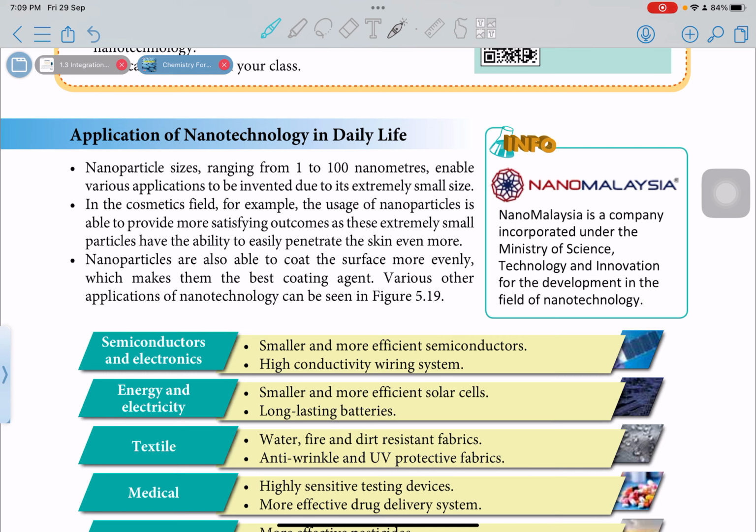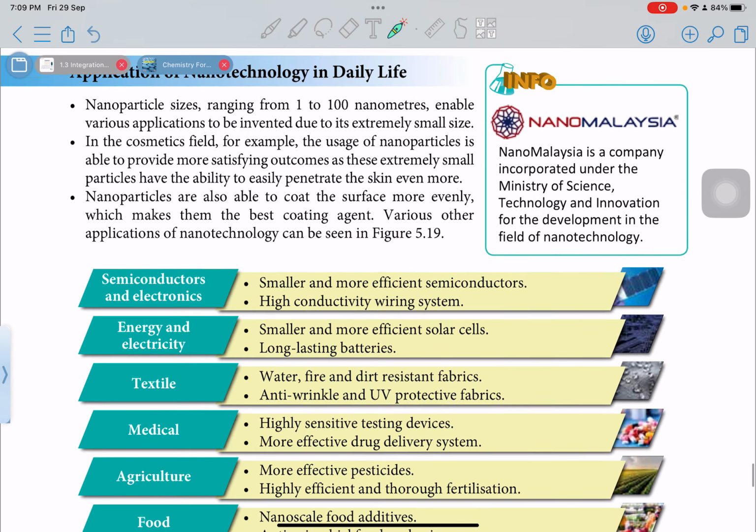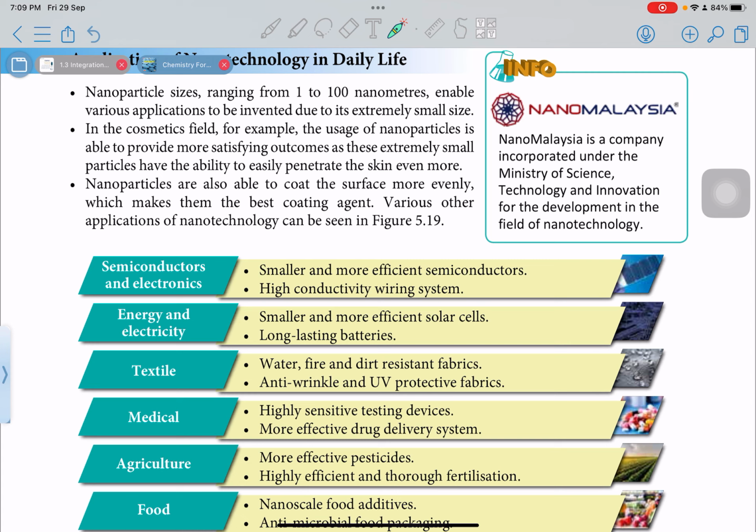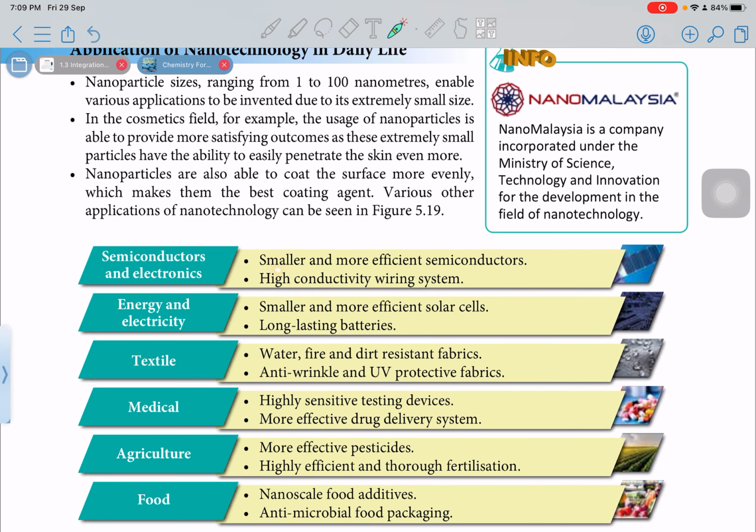So antara application dia adalah semiconductor and electronic. Sebab apa lagi bagus kalau kita pakai nanoteknologi ni? Sebab it's a smaller and more efficient semiconductor. Plus it has high conductivity wiring system.